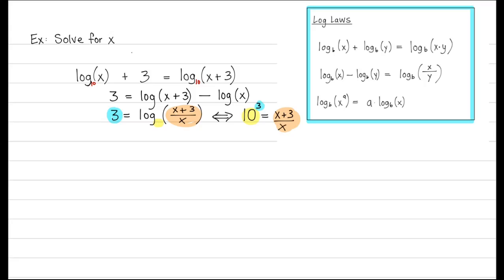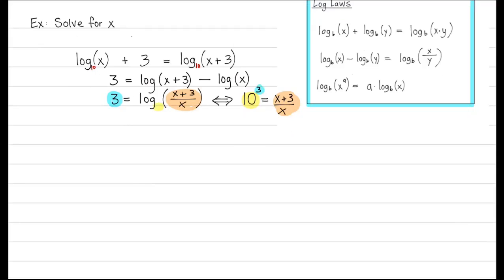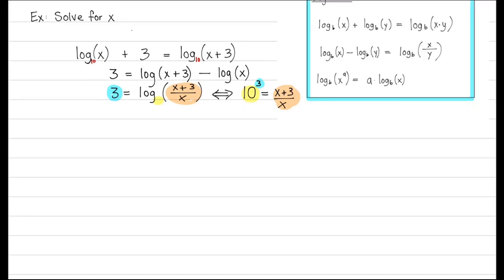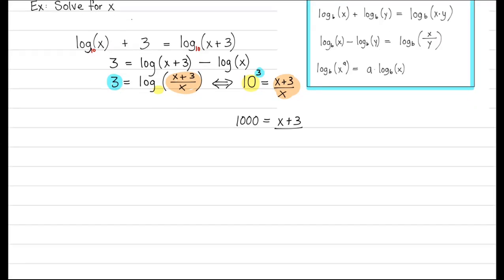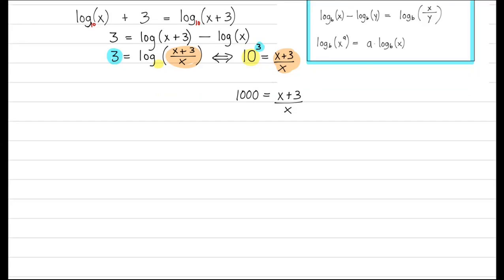Okay, so once we've kind of rewritten it in this form, let's simplify and see where we go from here. So 10 to the power of 3 is 1,000 is equal to x plus 3 over x. Then from there, let's see, we'd want to multiply both sides by x. So we'd have 1,000x is equal to x plus 3.